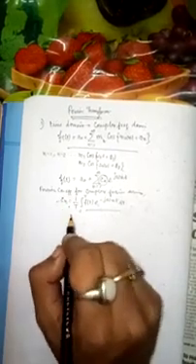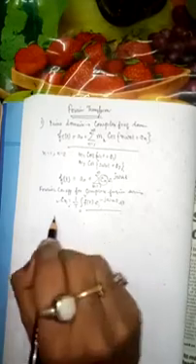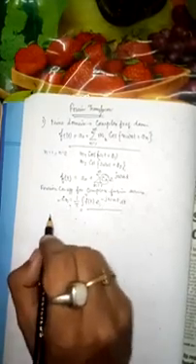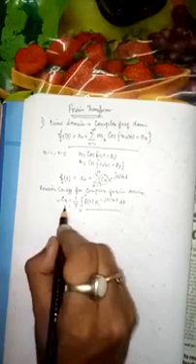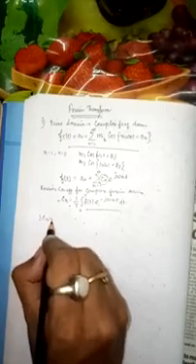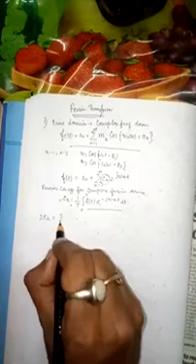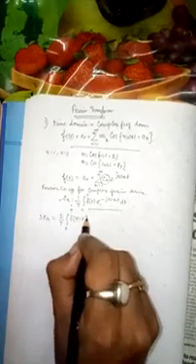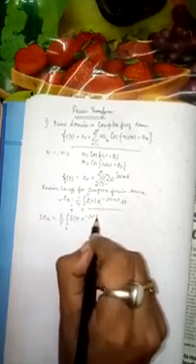Now that Cn is a complex number, if taken for a real valued function, we can again write 2Cn equals 2 by T integration 0 to T f of t e to the power minus j omega n t dt.